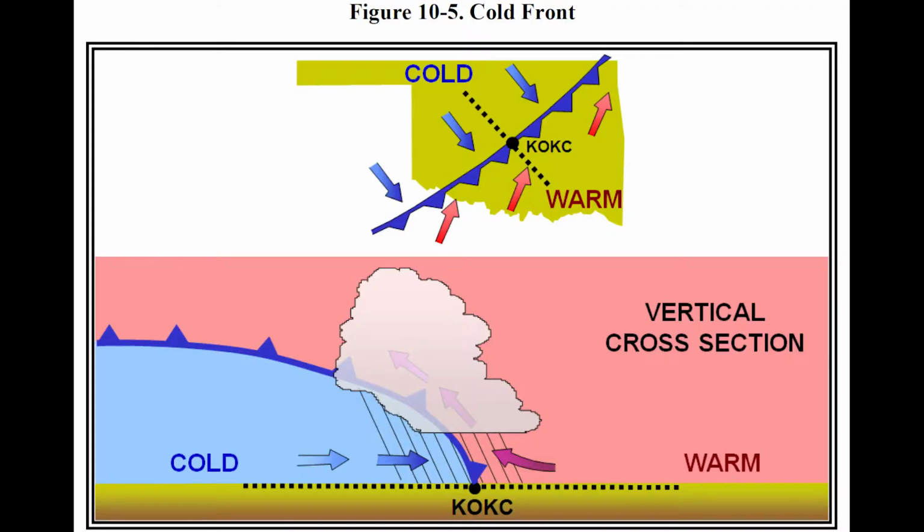Because if you look at the way one air mass moves into another, and looking on figure 10-5 here, when cold air comes in to displace warm air, the cold air is more dense and it tends to sink more, so it comes in underneath the warm air mass and pushes it out of the way, sort of from the bottom up.